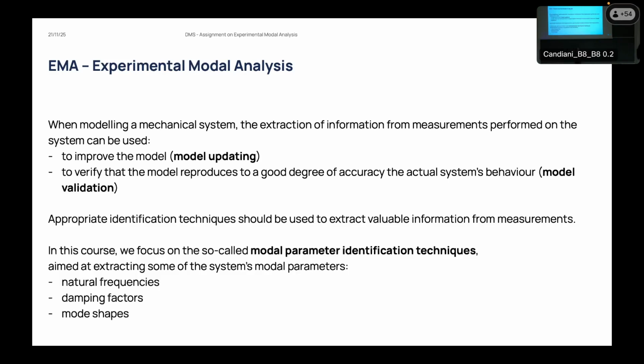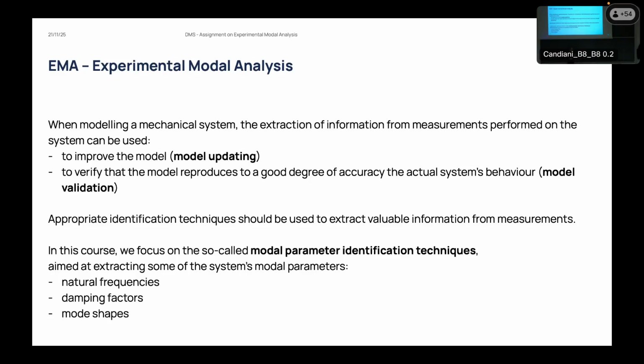You have a numerical model, typically a finite element model, of a certain structure, and you want to be sure that that model is really describing the behavior of the structure you have. So what you can do, and that is something that we are going to do also during this lab, is to run the model and compare the output you are getting with the one you got from the experimental data, by measuring directly the behavior of the structure.